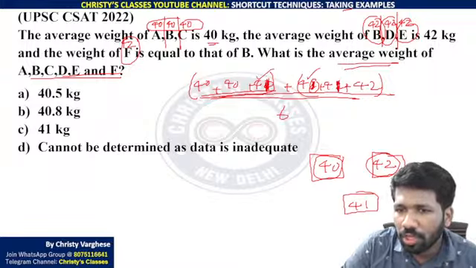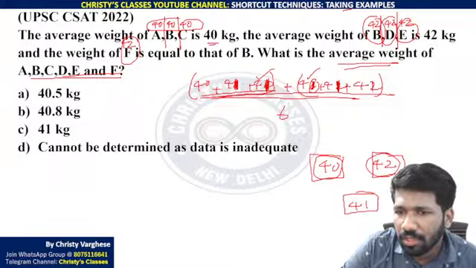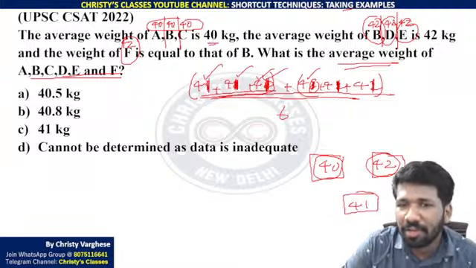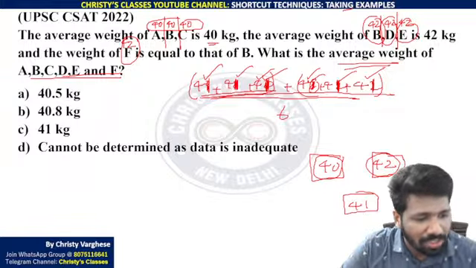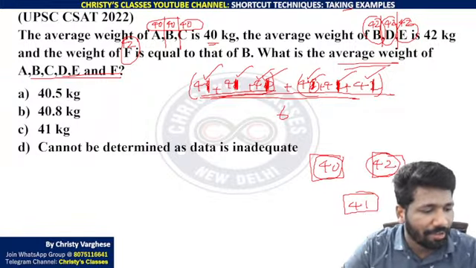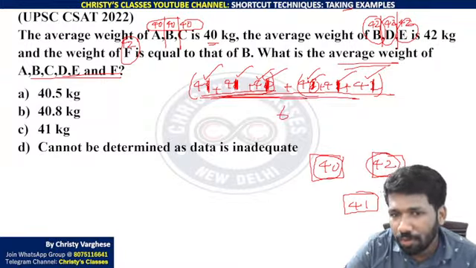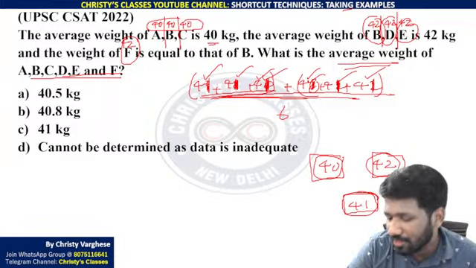From this 42 you take 1 and give it to this 40. That means all values will become 41. Now if all values are the same, the arithmetic mean is also the same. In the average chapter or arithmetic mean chapter, I have explained all these things in detail. Anyway, all values are 41, so the average also will be 41. That way also you can justify this.